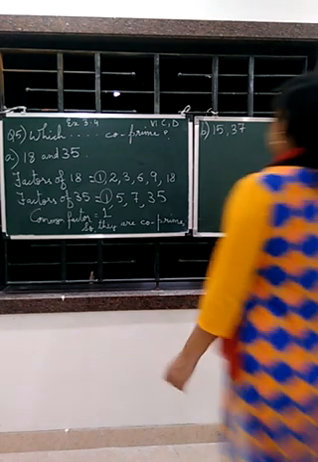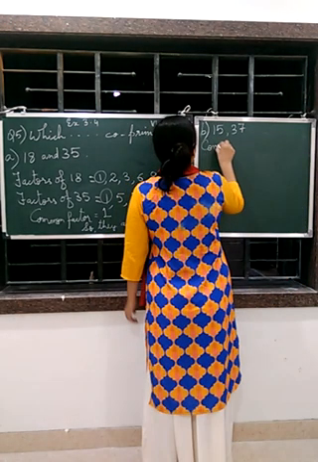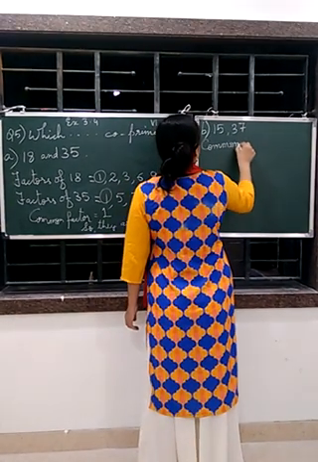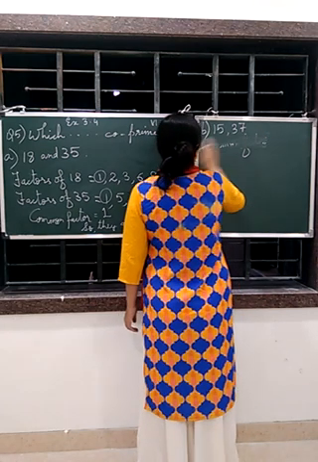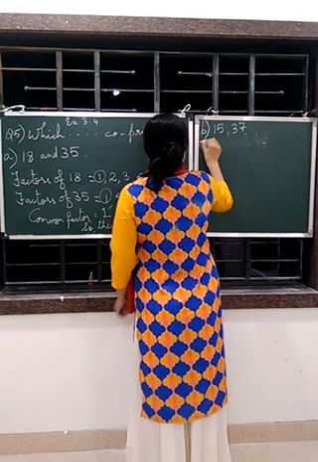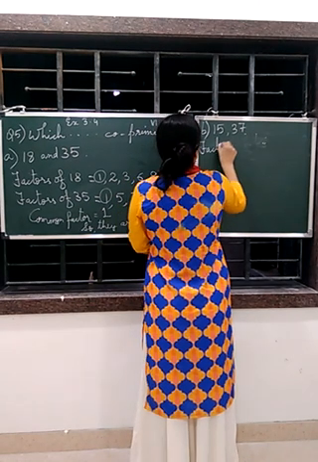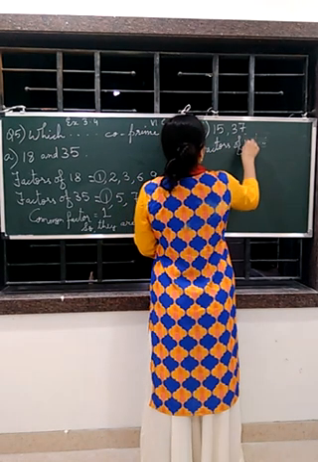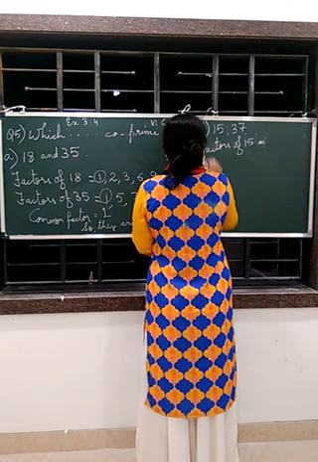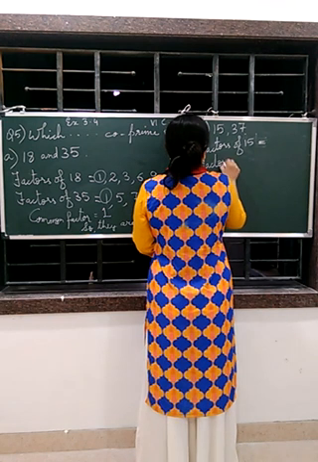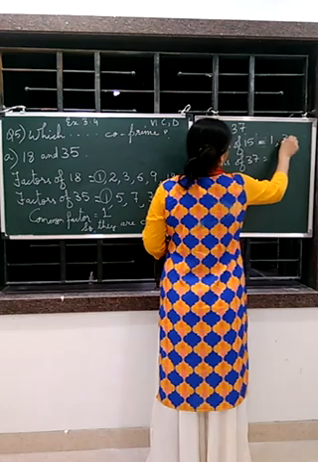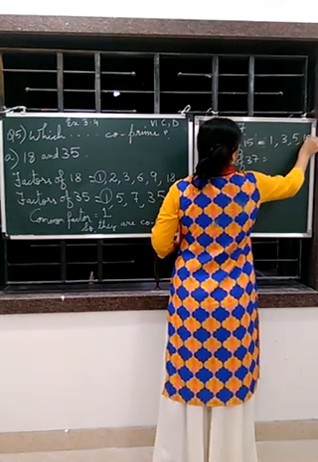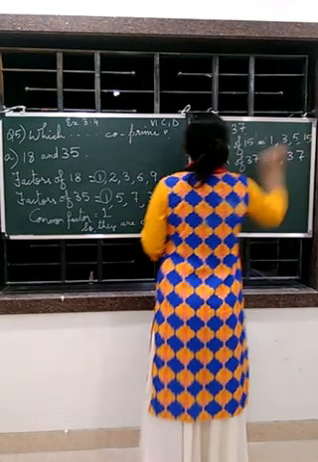The factors of 15 will be 1, 3, 5, 15, and the factors of 37 are 1 and 37.